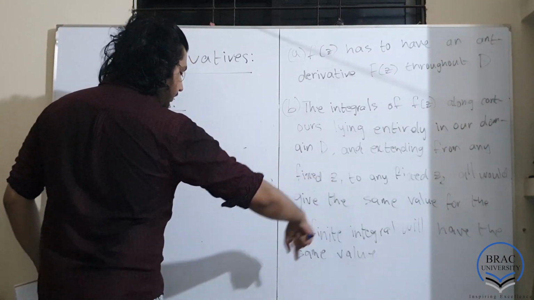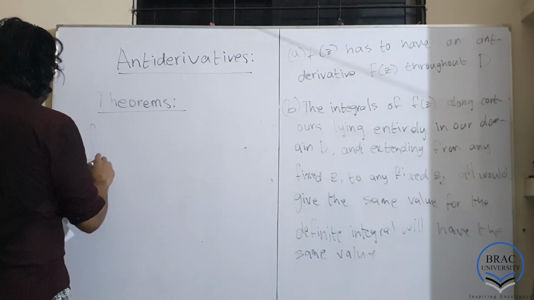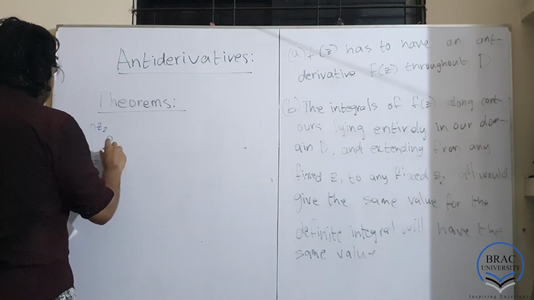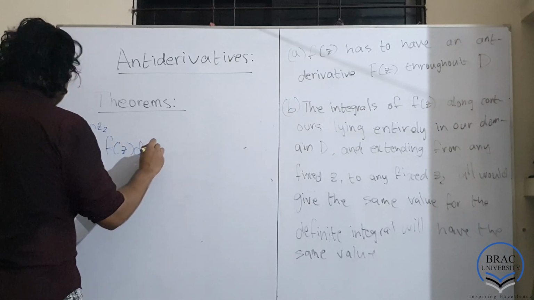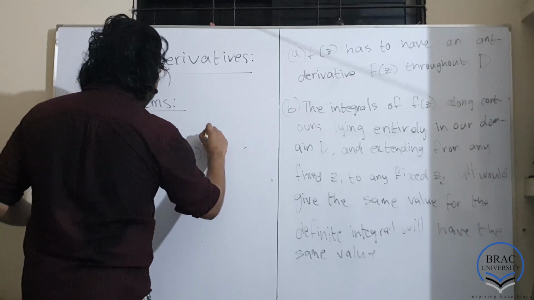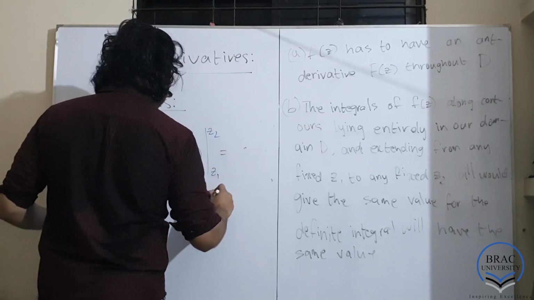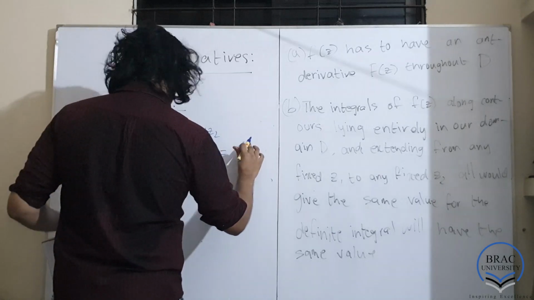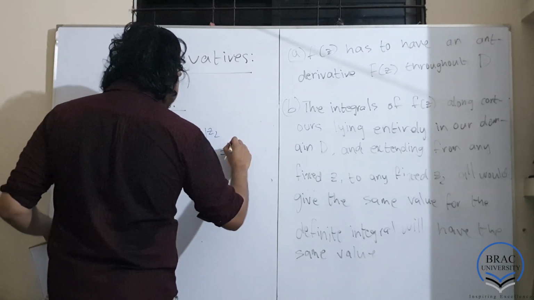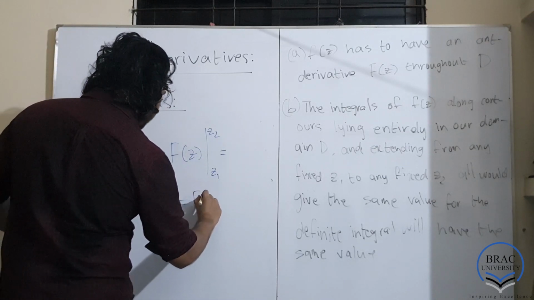The definite integrals will all have the same value, as in this integral with endpoints z1, z2 will give you F of z. Of course, your limits are z2, z1, and it's basically simple. That's what happens after this. I'll just go to the next line so that I can get some more space.